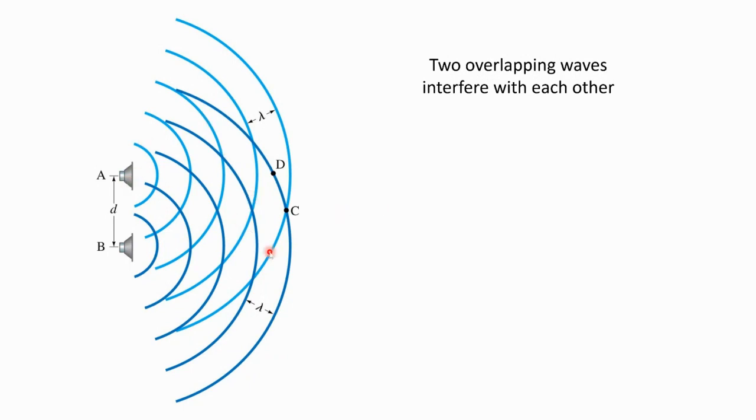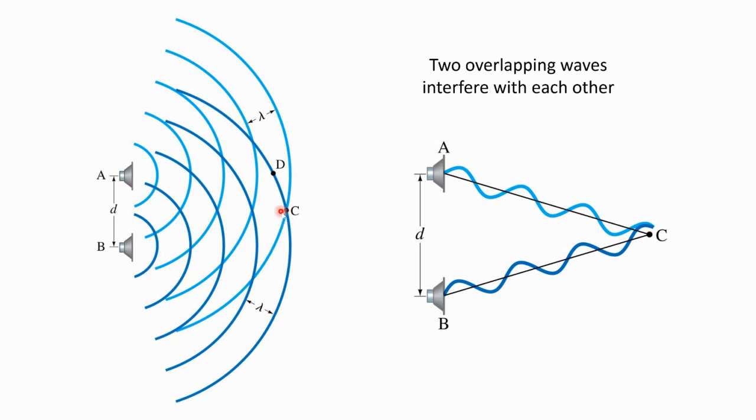And so as a result, these waves will interfere with each other. If we look at point C, the location that's equidistant from both speakers, and if we further assume that the speakers are moving identically, the same frequency and in the same phase, when A is out, B is out, etc. Then the sound waves that arrive at C from A are synchronized with the sound waves that arrive from B, and so we have constructive interference at that location.